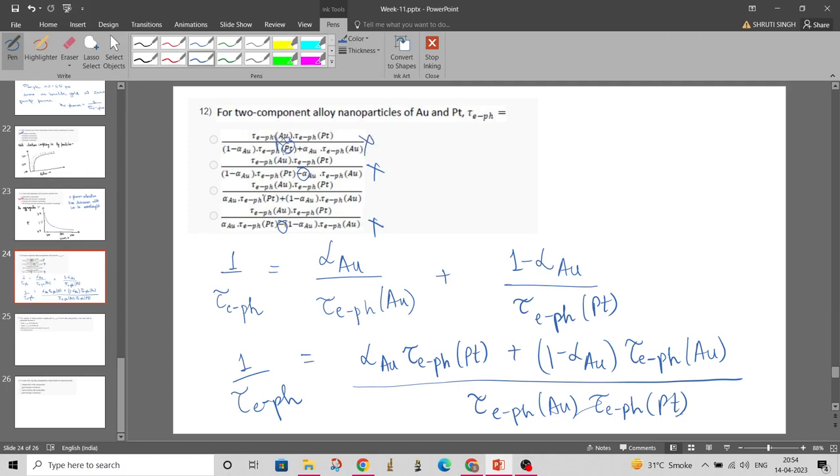So we are left with 1 minus alpha Au plus alpha Au and tau EPH of platinum. So the answer is this one, taking the reciprocal of this. Okay, so the answer will be C.